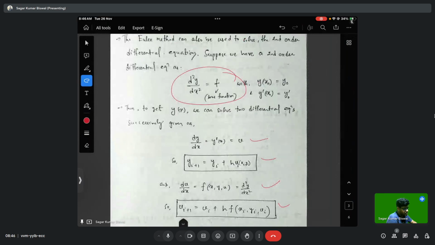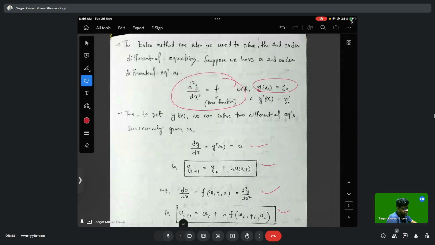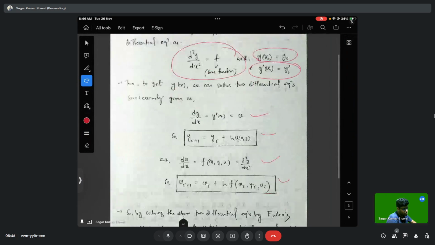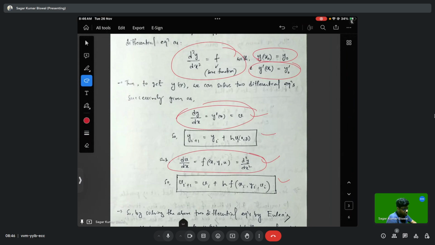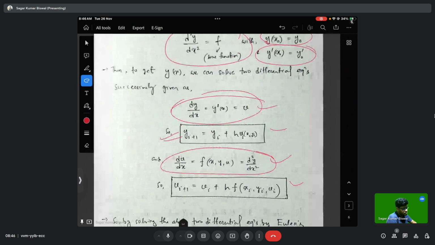To solve a second order differential equation, you need 2 initial conditions, and you need to separate it into 2 differential equations, right? For this differential equation this will be the Euler method, and for this differential equation this will be the Euler method, right?